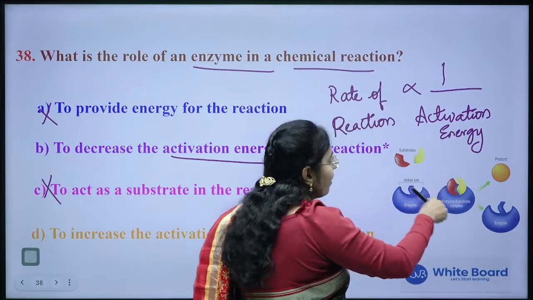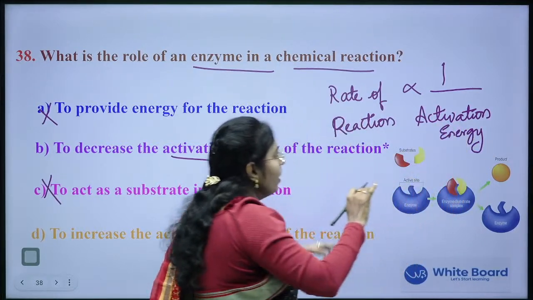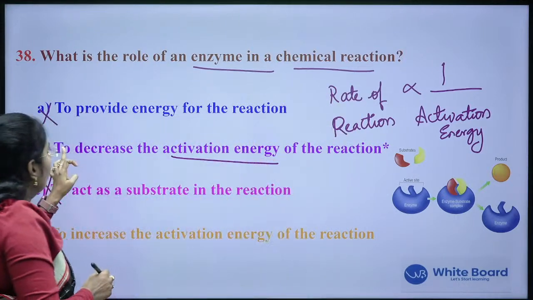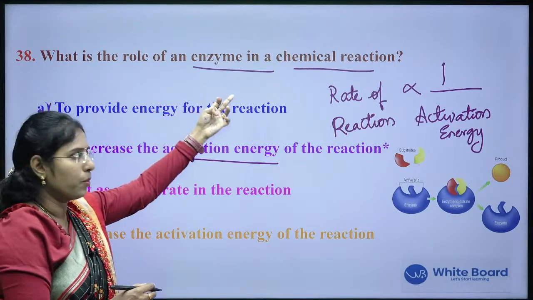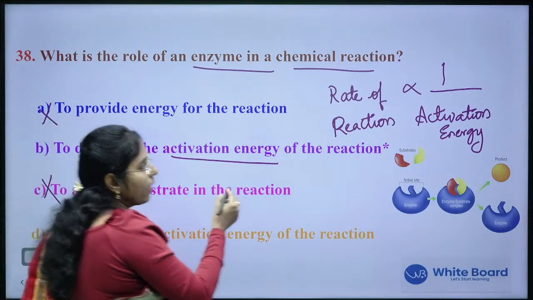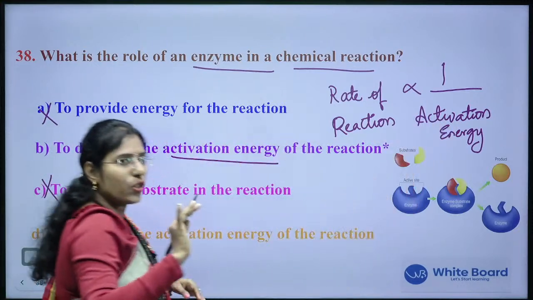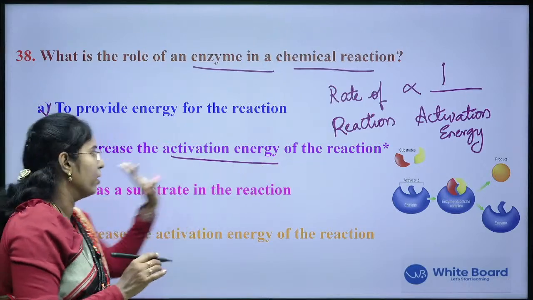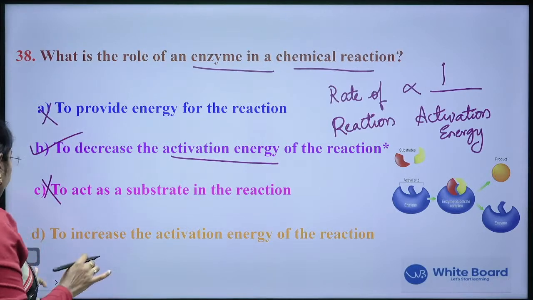Means if you reduce the activation energy, we can increase the rate of reaction. That can be done by our enzyme. In order for the reaction to proceed very fast, it has to reduce the activation energy. So, to decrease the activation energy of the reaction is the correct answer.